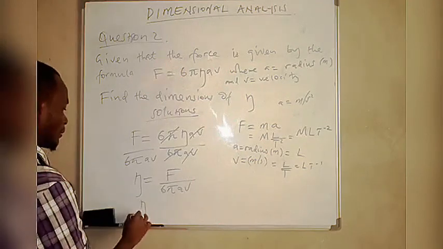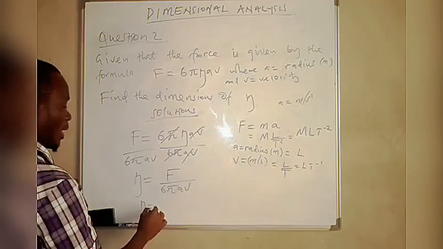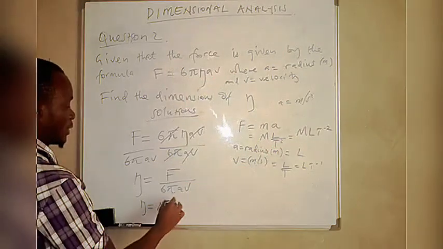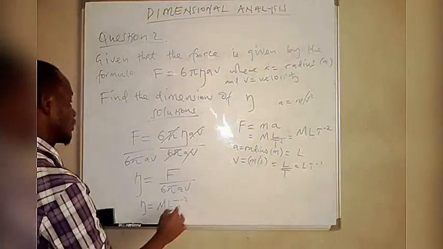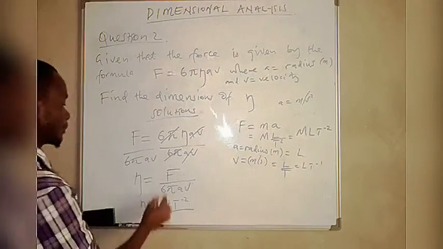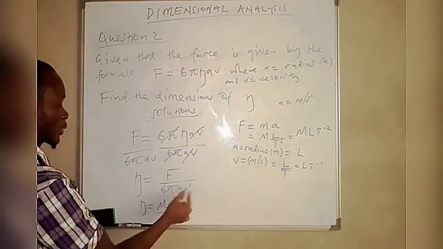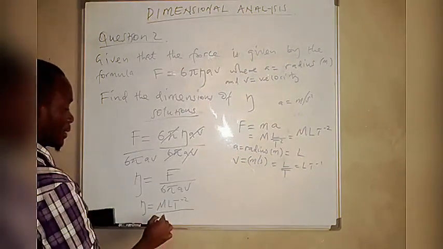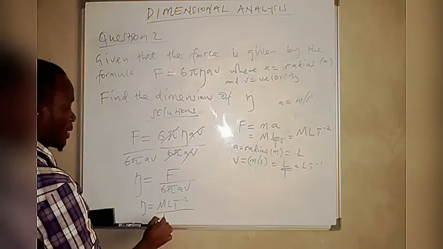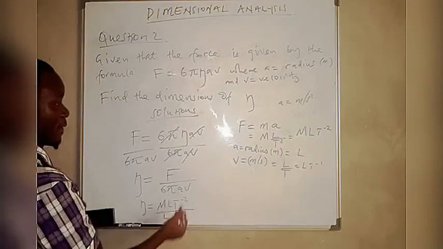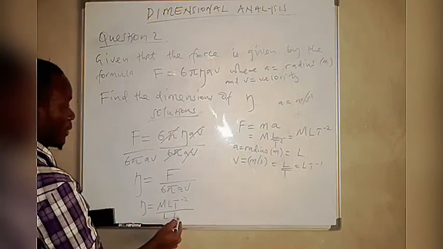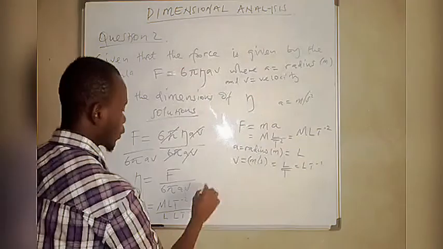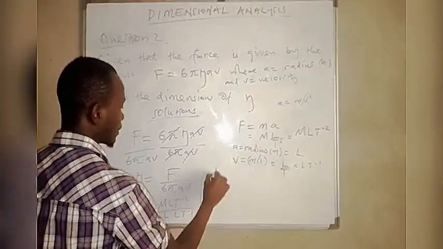This symbol is going to be M L T to the power -2 over, since 6 and pi are constants, the dimensions for radius, which is just L, and for V, it is L T to the power -1.